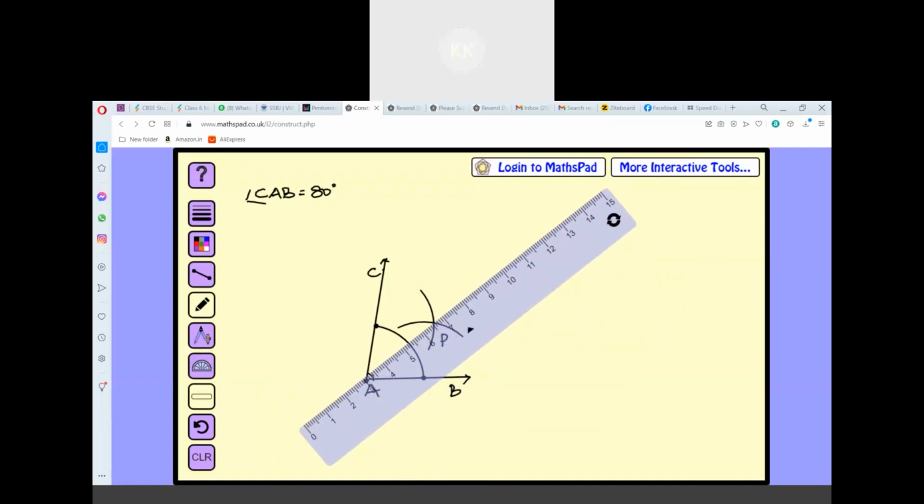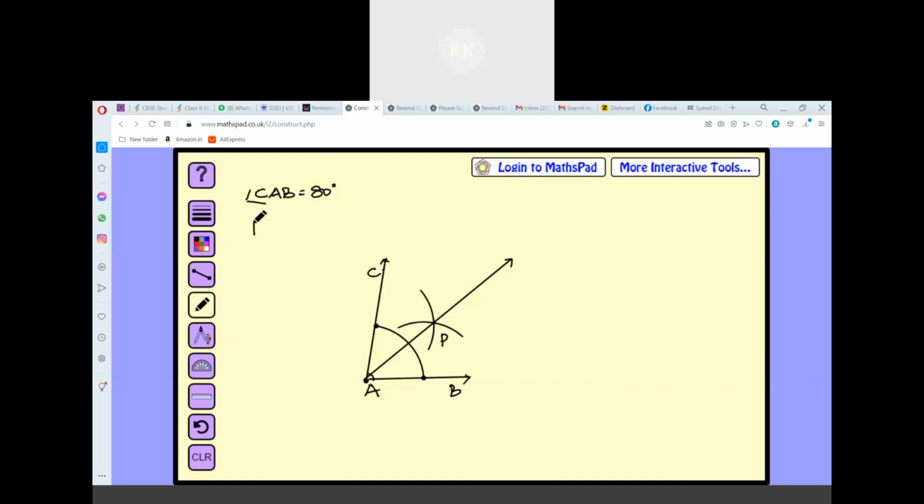Now I am going to make another ray AP. This ray AP bisects the angle. This is our ray AP. This ray AP bisects this angle.